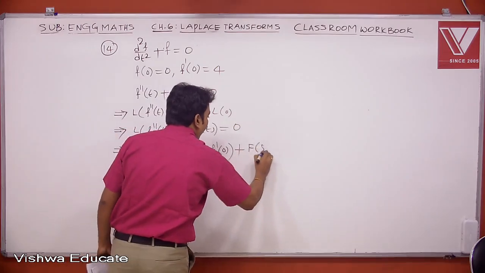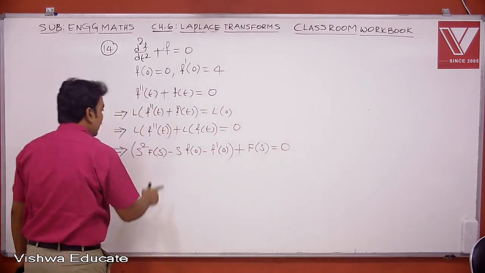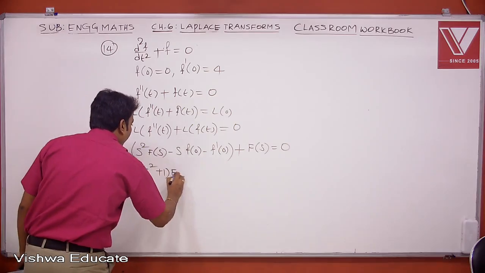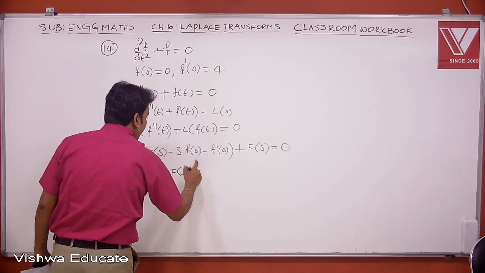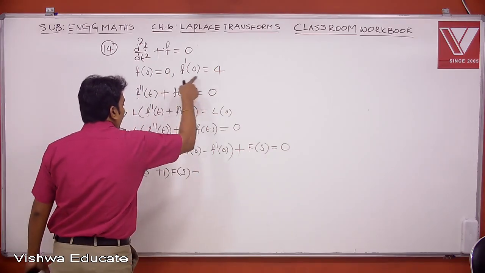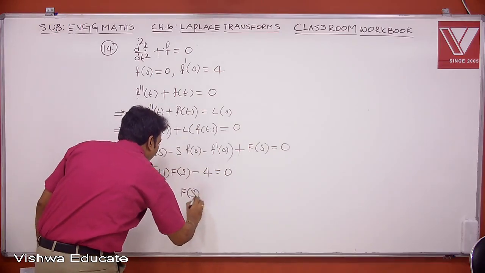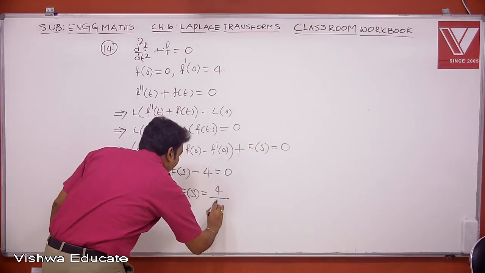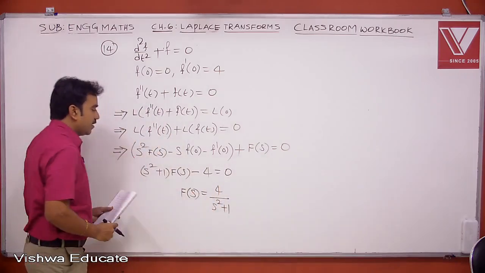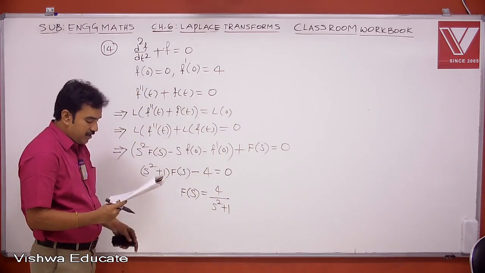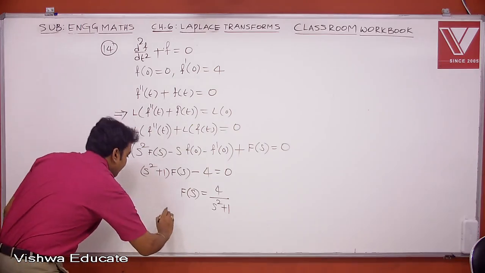This is F of s equal to 0. Now group F of s terms. This is s square plus 1 into F of s minus, f of 0 is 0, f dash of 0 is 4, equal to 0. Therefore, F of s equal to 4 divided by s square plus 1. So, this F of s is Laplace transform of small f of t. So, the option number C is right answer.